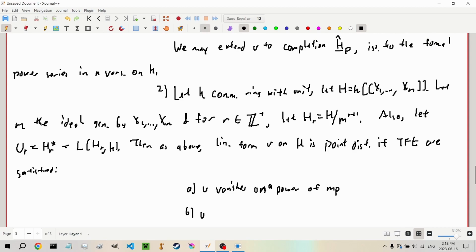Secondly, u is continuous on h underline sub p with respect to the discrete topology on K. No, that's the old. So I'm sorry. I'm so tired. That's just rolled conditions again.